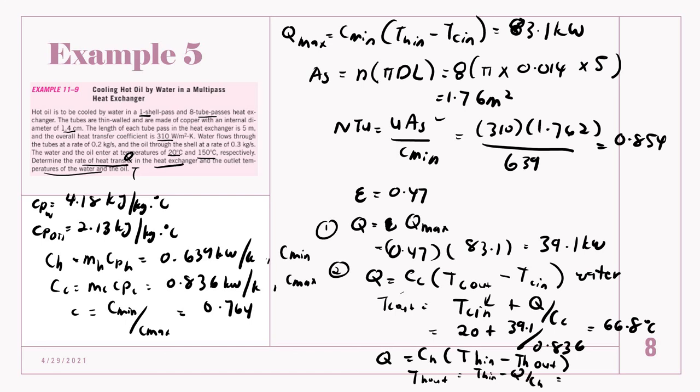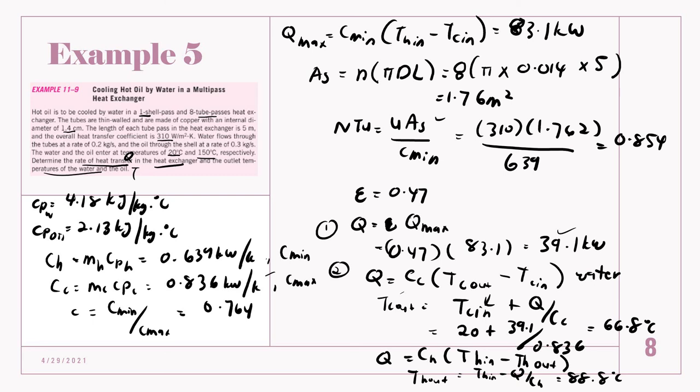Substitute TH in 150, Q this one, and CH this one. You will get the outlet temperature for the hot fluid is 88.8 degrees Celsius. Okay, so basically this is the method to calculate the heat transfer rate and also outlet temperature using the NTU method.